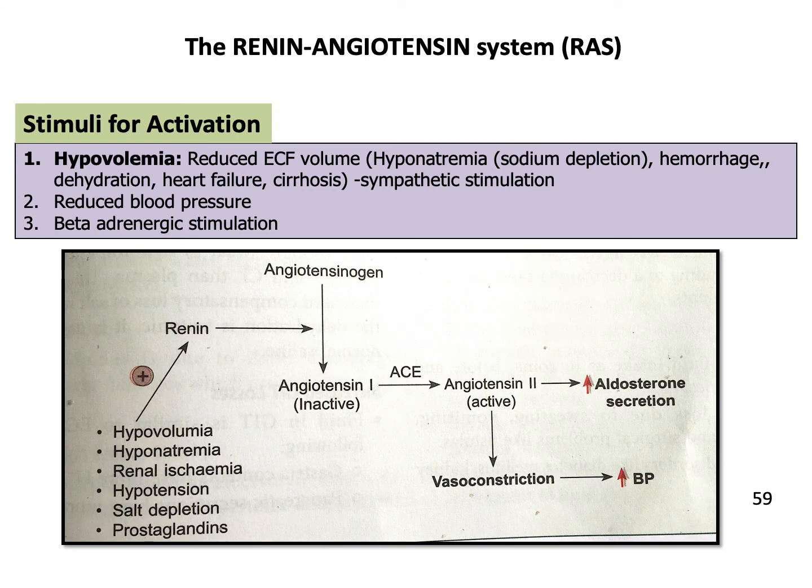Renin is a protease enzyme which converts inactive angiotensinogen into angiotensin 1, which is also inactive. This is acted upon by angiotensin converting enzyme, which converts it into angiotensin 2. This angiotensin 2 stimulates aldosterone secretion. Angiotensin 2 is also a vasoconstrictor, leading to increase in blood pressure.